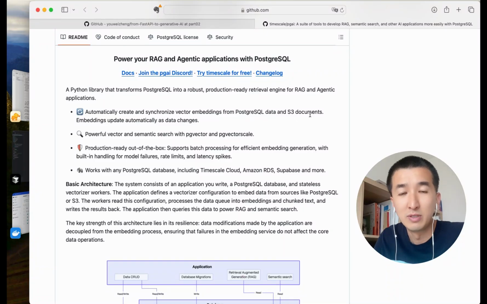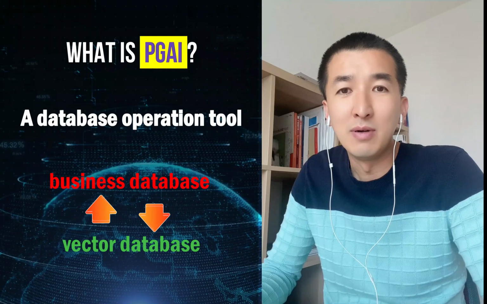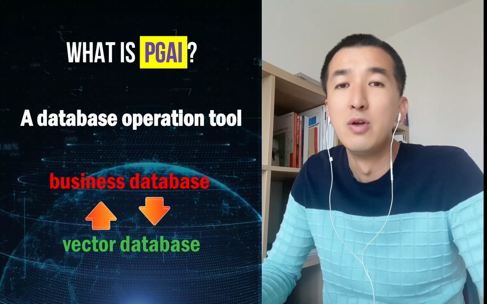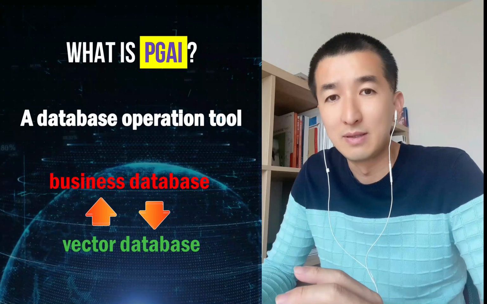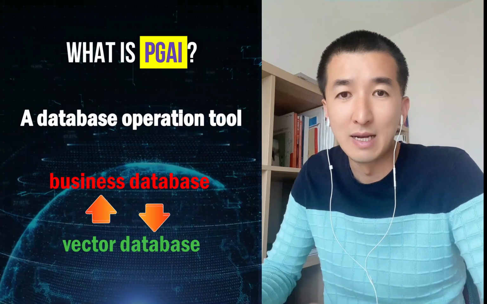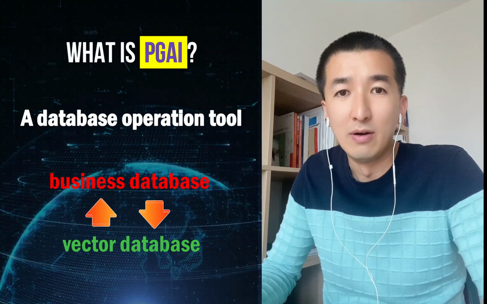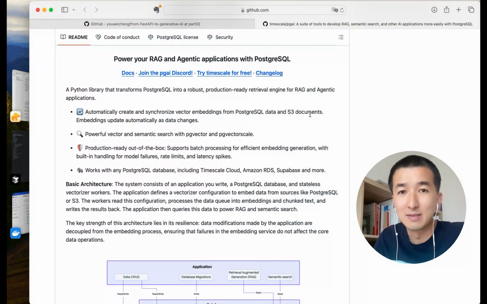It's actually very simple. pgai is a database operation tool that helps you manage your data from your business database to the data in your vector database. That's what pgai does. Let me show you how that works.